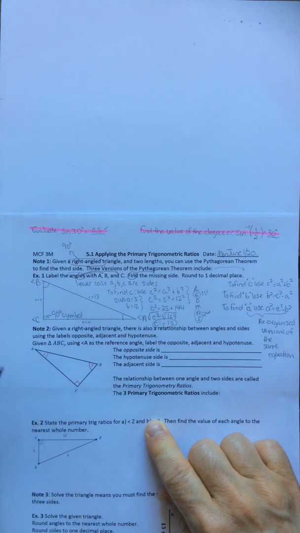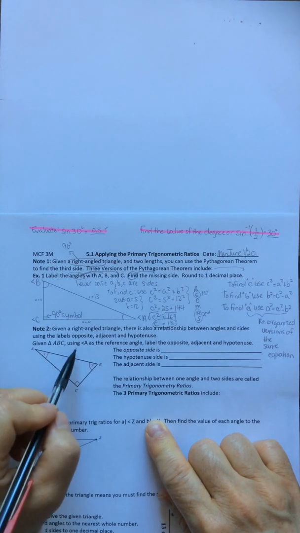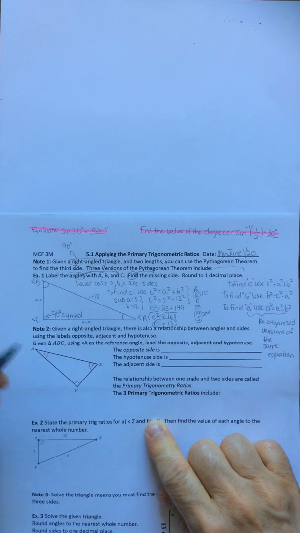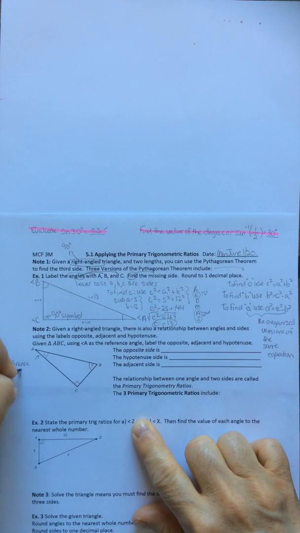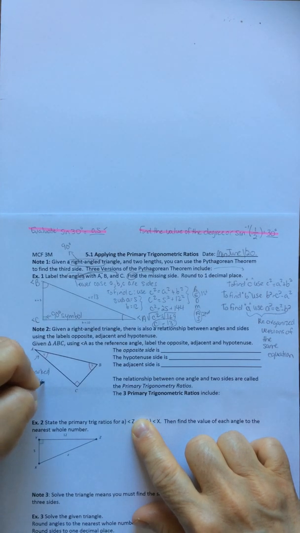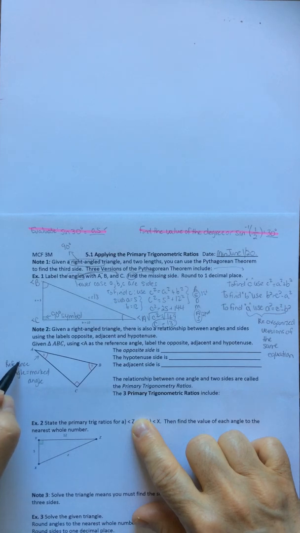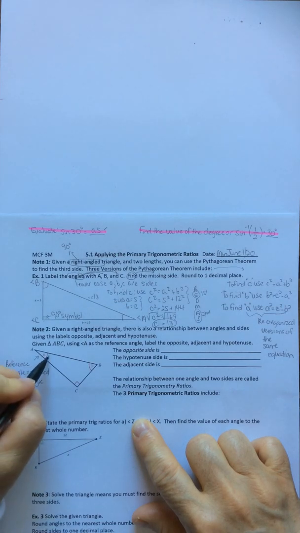So given triangle ABC, using angle A as the reference angle, we usually think of it as the marked angle. Knowing that this is called the reference angle means that we're going to pay attention to this because it's going to control a lot of things.